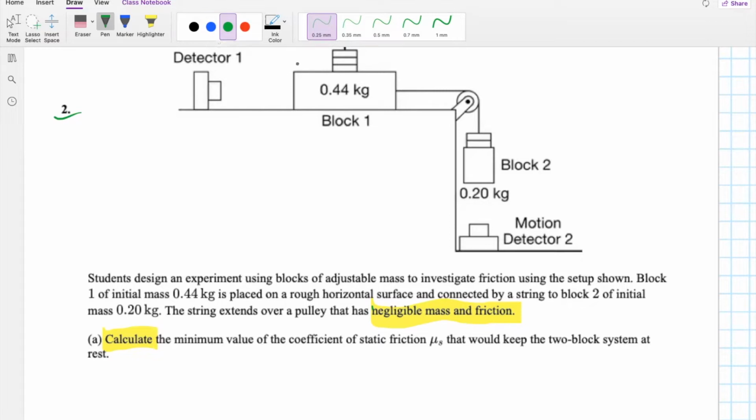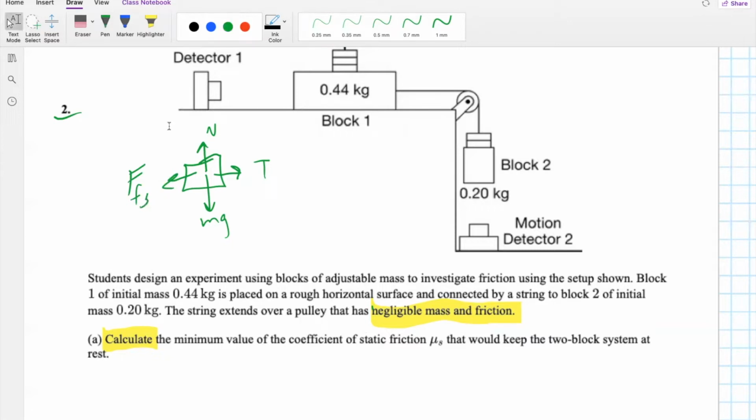Well, there are a couple of ways to analyze the system of connected masses. One way would be to isolate each mass and calculate the forces involved: the weight, mg, and then we have some friction here. And if they're not going to move, we're talking about static friction here.